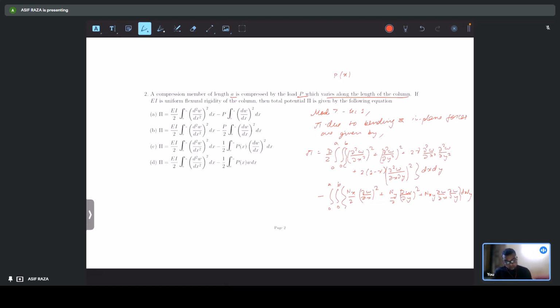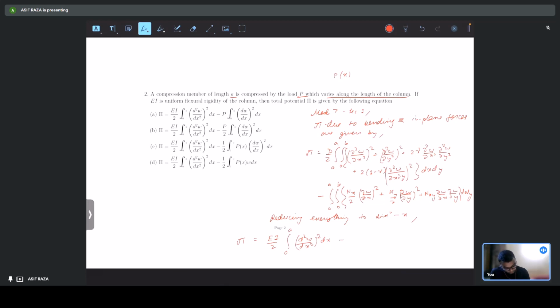So if we now reduce this to one dimension, to dimension x, our equation will come out like this: pi equals D by 2, taking x along 0 to a, we retain (d square w by dx square) whole square, y we make 0, and similarly for all these terms, so this will be dx.